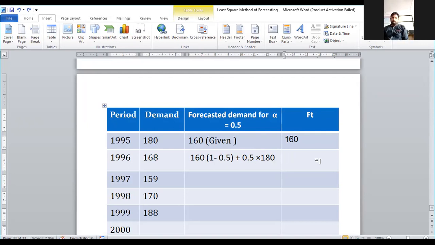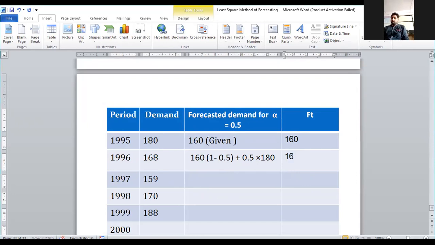Similarly, that value you can use for the next periods to calculate the forecasted demand for the particular period. So how much is the forecasted demand for the 1996 year? 170.